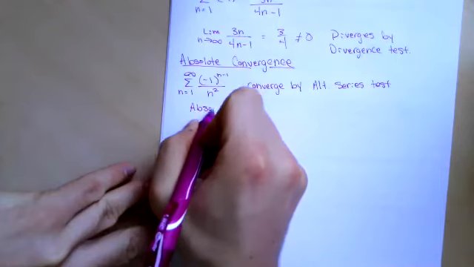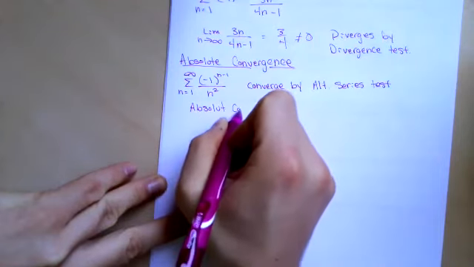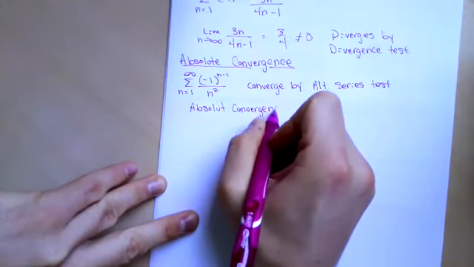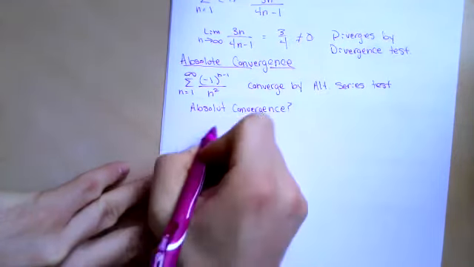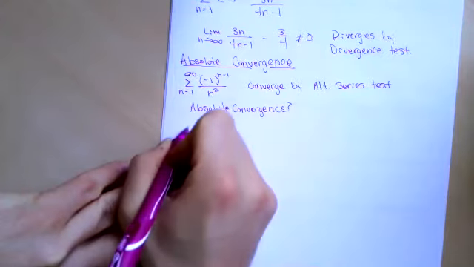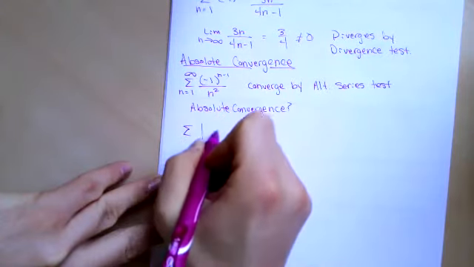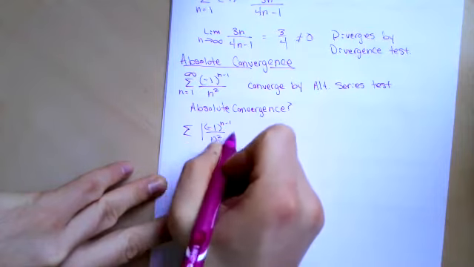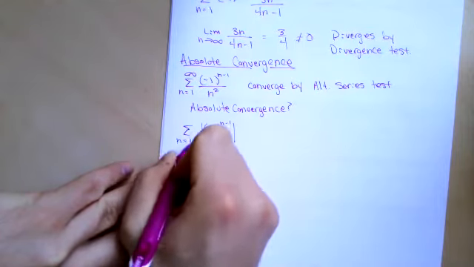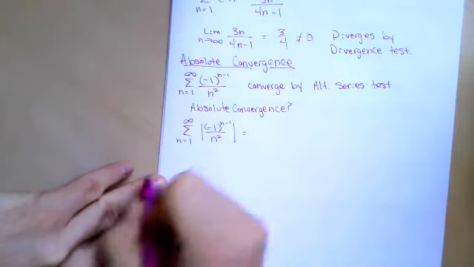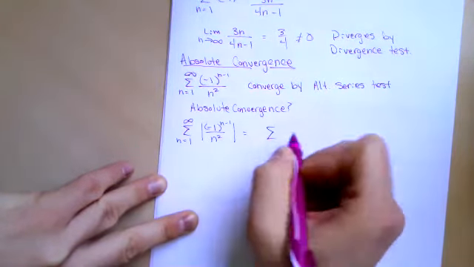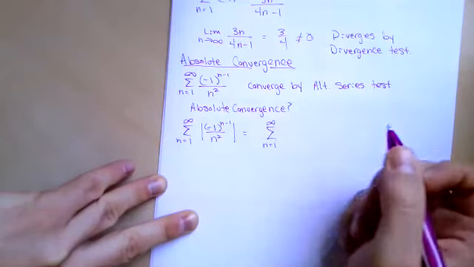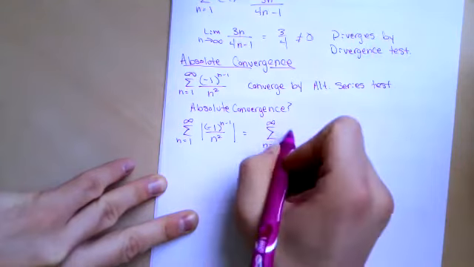So what is absolute convergence? It just means we take the absolute value of the terms. And what do we get when we take an absolute value? Well, anything that's positive is going to stay positive. Anything that's negative is going to become positive.